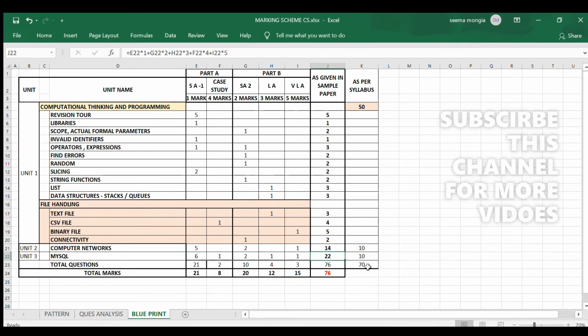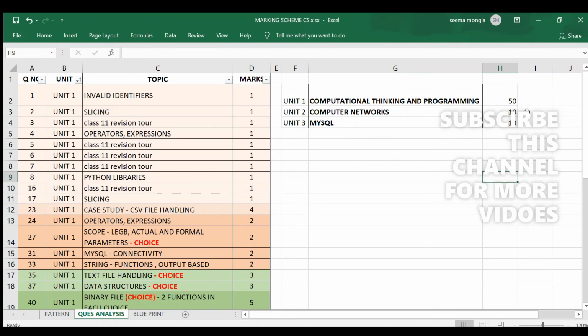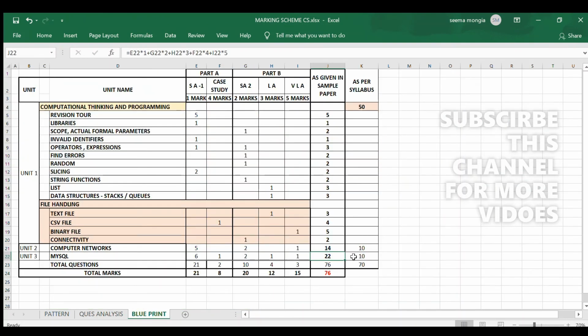That is a very surprising figure, because as per the CBSE, the weightage of MySQL should be 10 marks, but here in the sample paper, the weightage of MySQL is given as 22 marks. So there is a big variation between the syllabus of the CBSE pattern and the sample paper released.